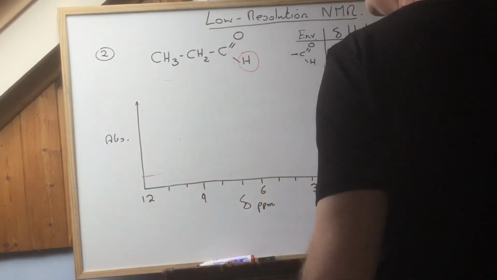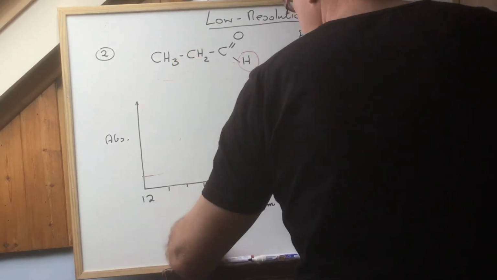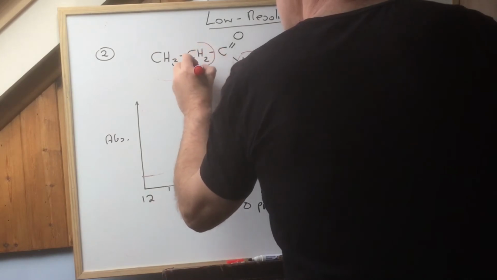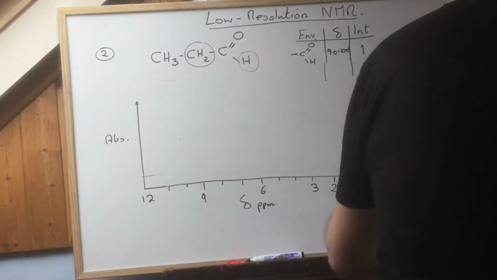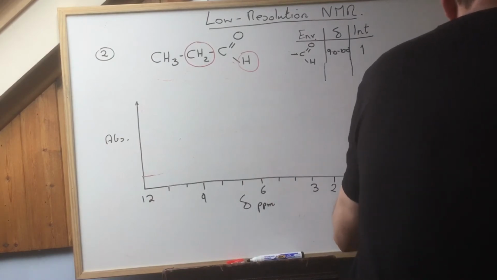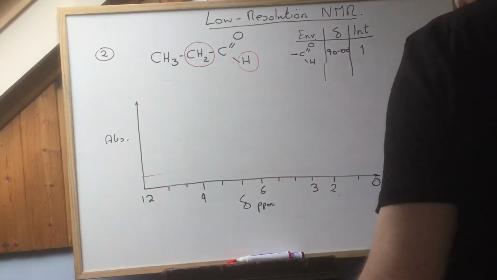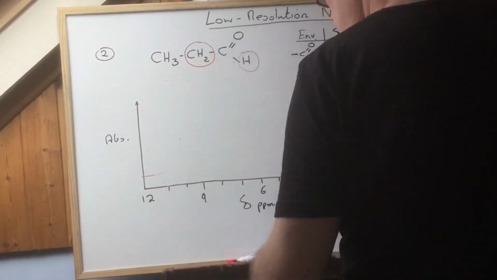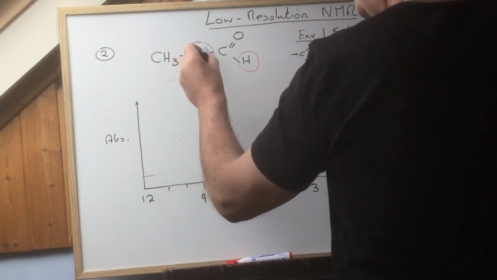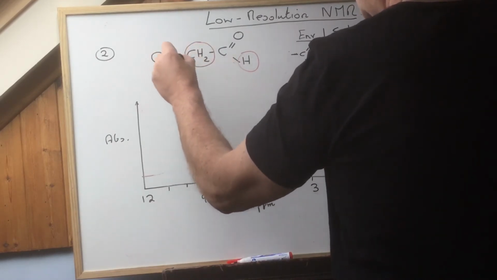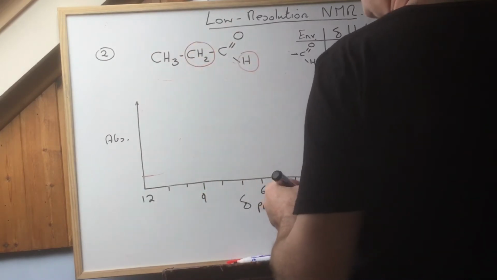Okay? Number 2. There's 2 protons there in this environment. So what's all that about? Right. Okay. 2 protons there. Look at your chemical shift. Those protons are joined to a carbon, which is then joined to a carbon. Never mind these. Then joined to a carbon, joined to a double bond O. That is the key driver of where they're at.